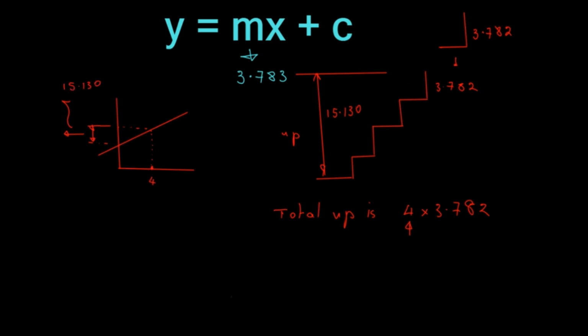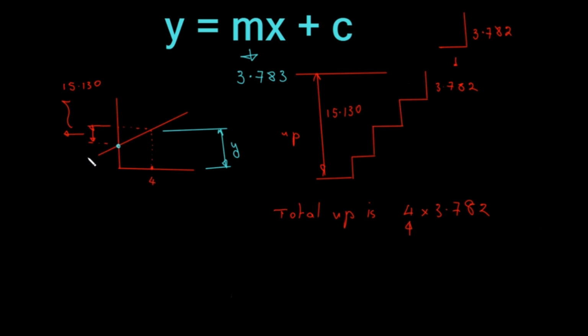Now the thing is, that is not the total distance. If I take a measurement line out there, that is not actually the value of y. It is the amount of up it's gone from that point.